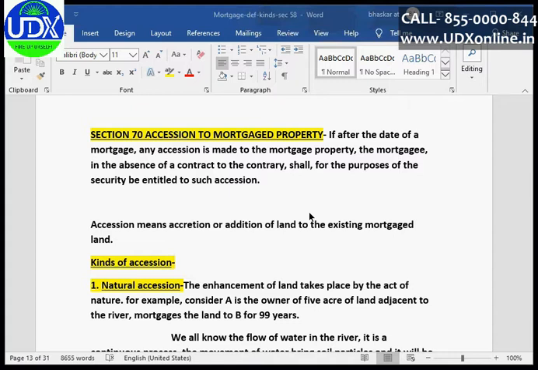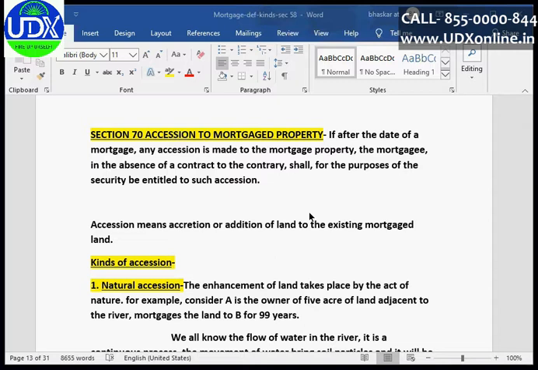Or if they simply say accession, short notes, then there you have to explain Section 63 explains the accession right to the mortgager, and section 70 explains the accession right to the mortgagee, so that you will get additional marks for this.